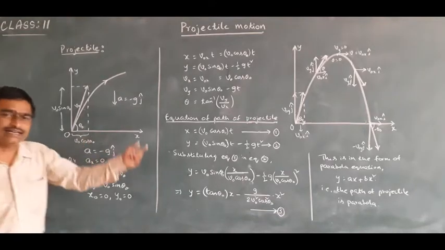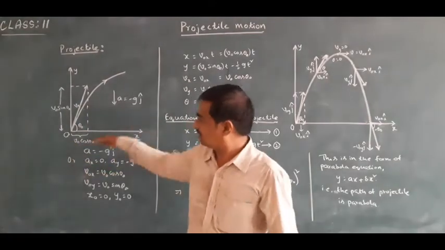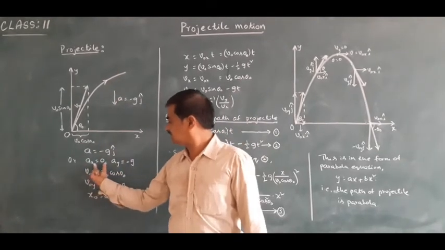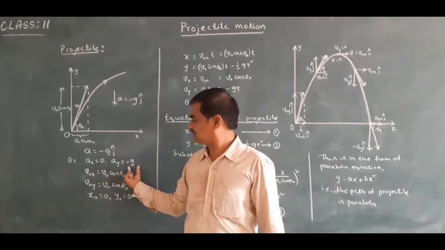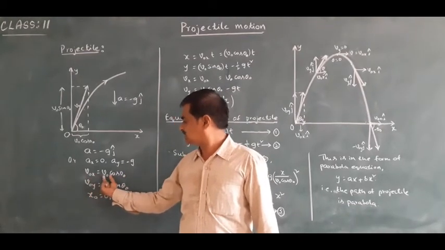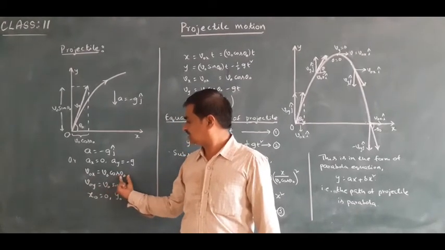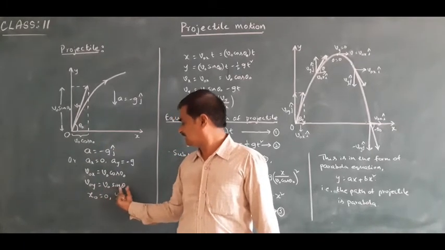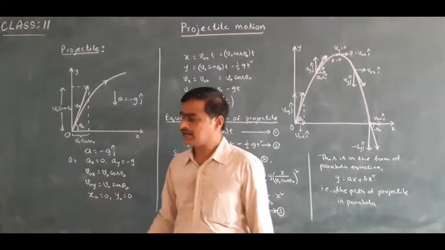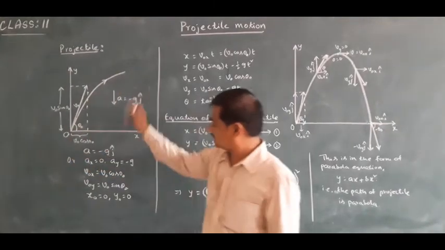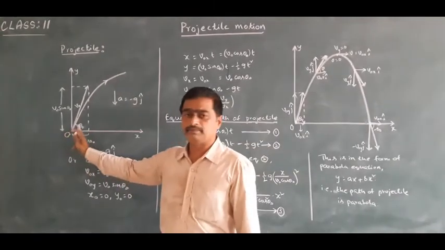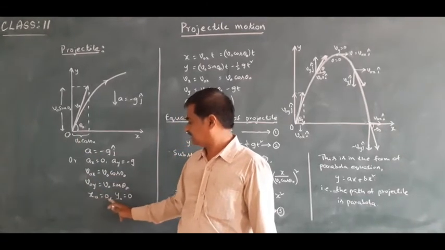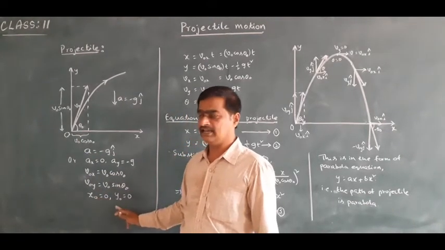We take i coordinate along the x axis and j coordinate along the y axis. So ax is 0 and ay is minus g. The initial velocity components are v naught cos theta naught and v naught sin theta naught. For our convenience, we take the body starting from the origin. That is, initially there is no horizontal or vertical displacement.